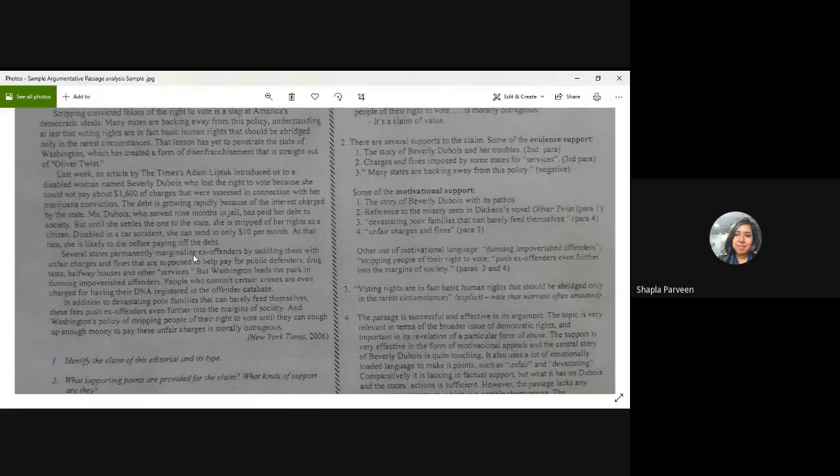The warrant connects the supporting points with the main statement, which is also called the claim statement, or the thesis statement. So the warrant is sometimes needed when the supporting points are not enough to convince the readers, and then there's a conclusion.